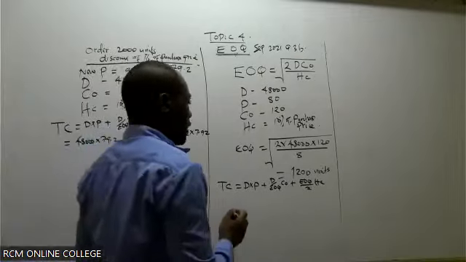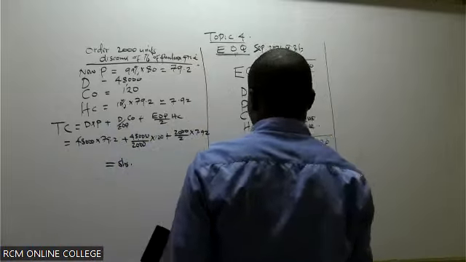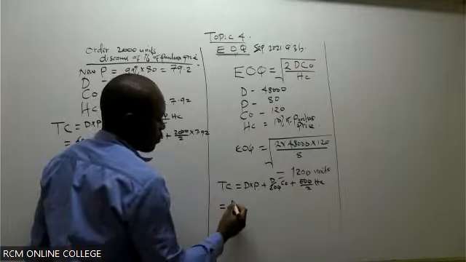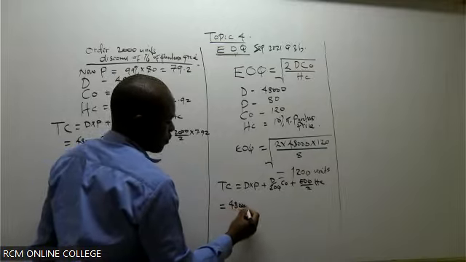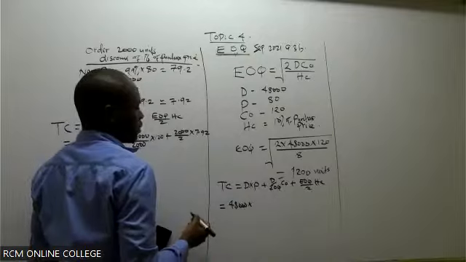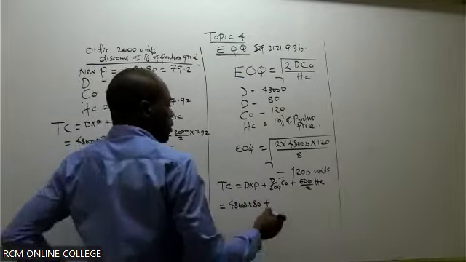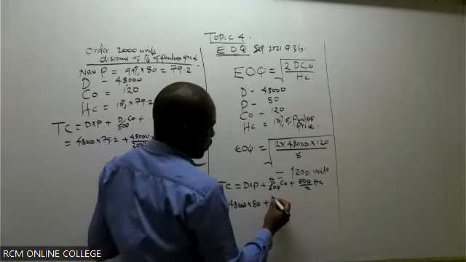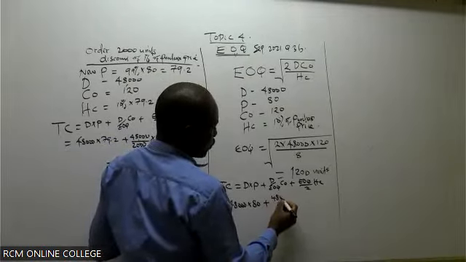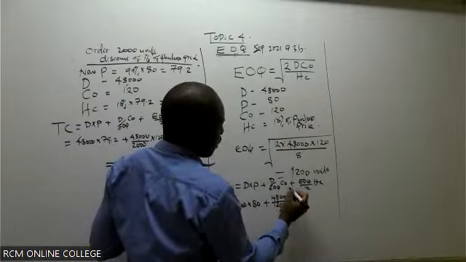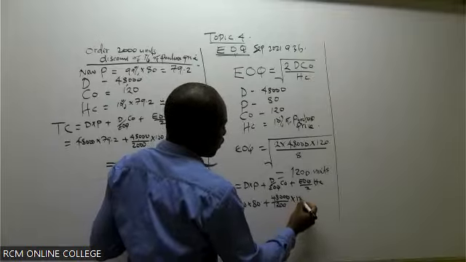I will come and do the same to this one here. Total cost is equal to demand, which is 48,000, multiplied by purchase price, which is 80, plus demand, 48,000, divided by economic order quantity, which is 1,200, times ordering cost, which is 120.